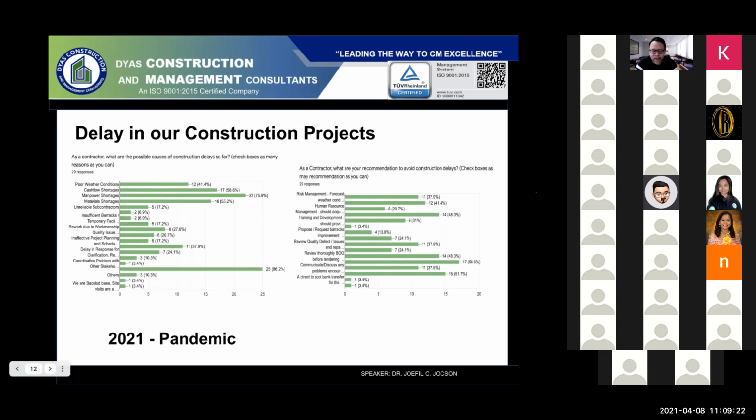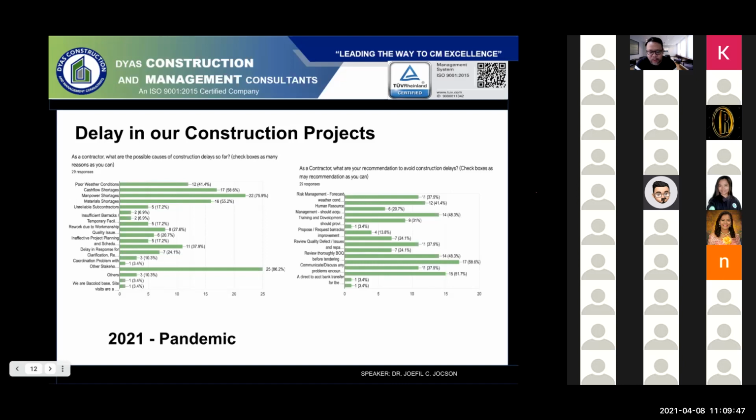So yun lang. Then the second is the top management. Ang sinasabi dito is top management. Now, sa mga engineers naman and contractors, your top management ang ibig sabihin nito. So you need to collaborate also with your top management, the support. Management support. Kailangan din yan. So that's lumabas dito na second.